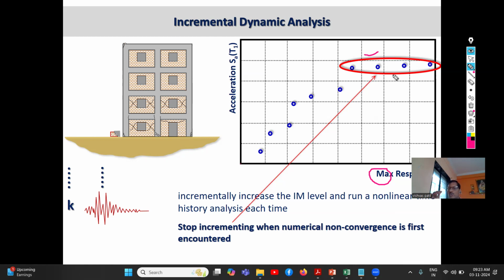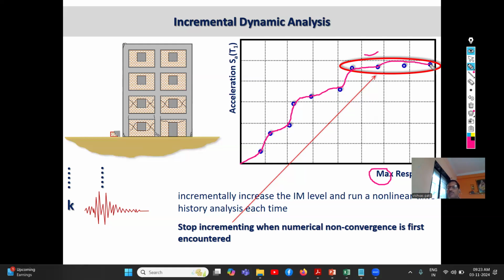So when you reach that particular level of building response, stop the analysis, take all these values into Excel, and join them by taking an appropriate spline. So this is the IDA curve.